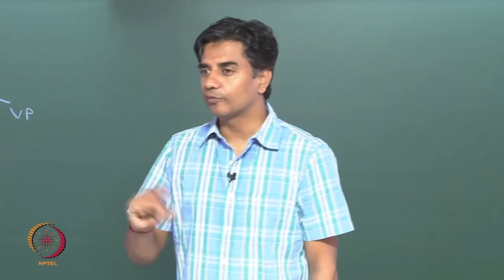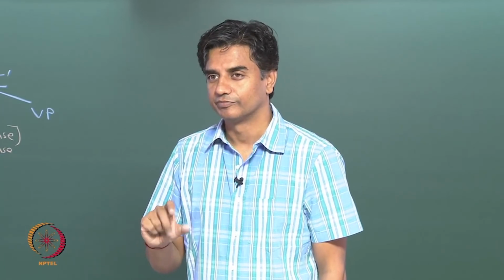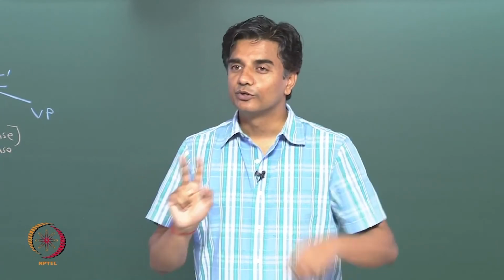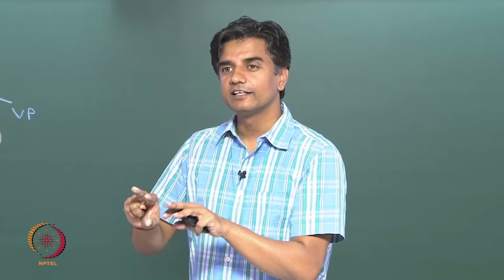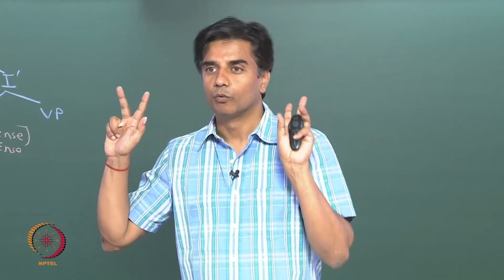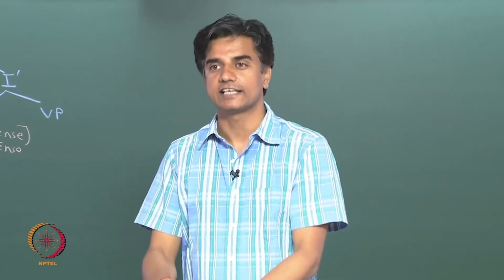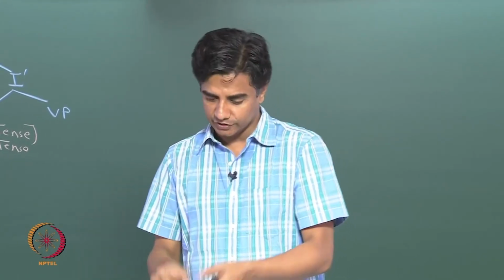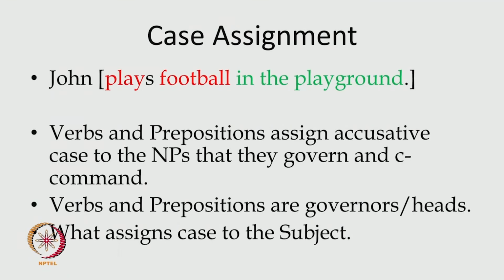Abstract case marker or morphological case marker? Abstract case marker. So I'm bringing this thing again. The abstract or morphological is just for us to understand. Whether abstract or morphological, it has a case. Okay. And then what's the other NP that we have? The playground, and the PP is in the playground.